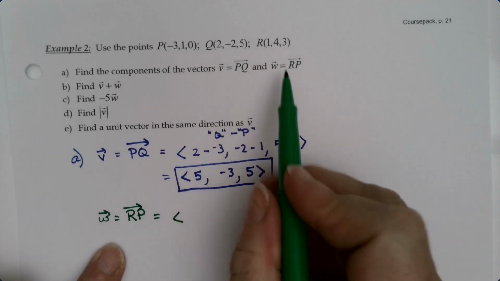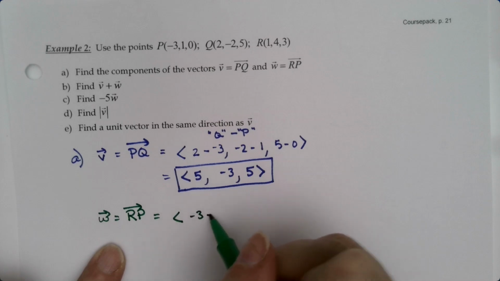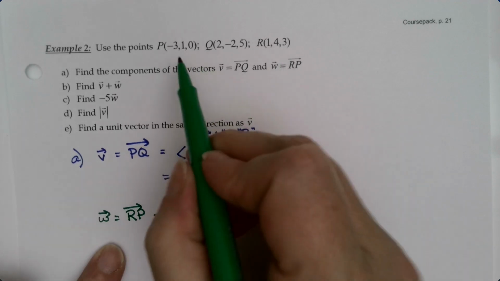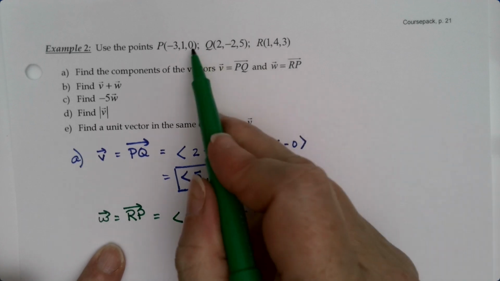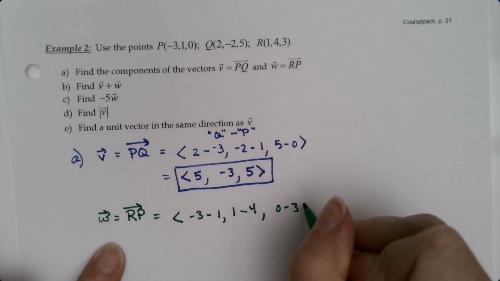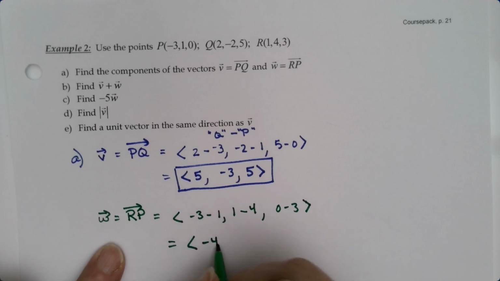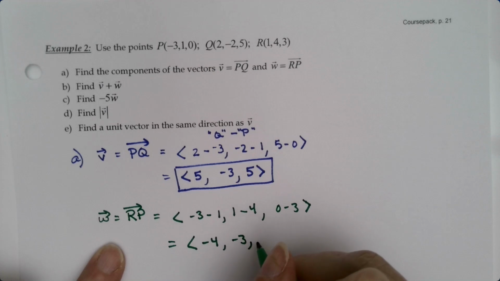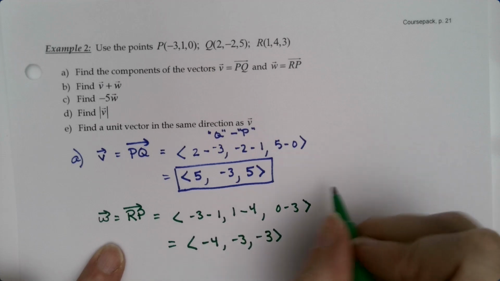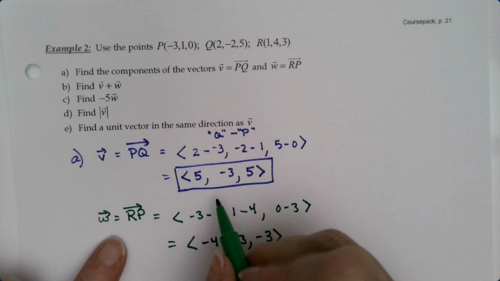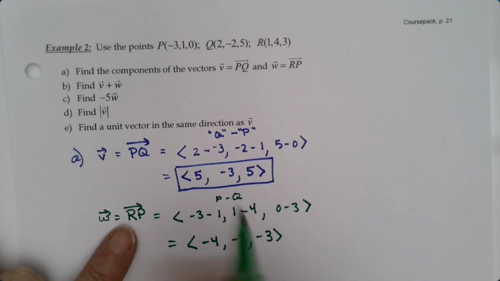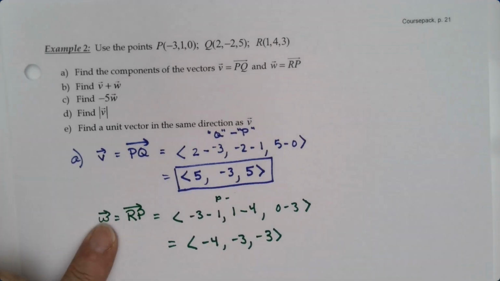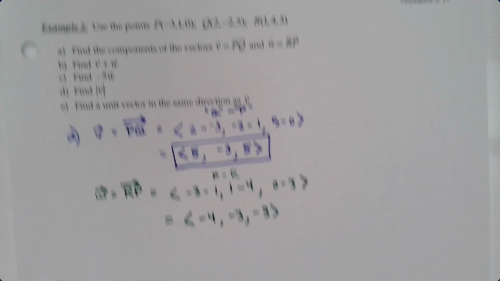So we're going to take -3 take away 1, 1 take away 4, and 0 take away 3, which is -4, -3, -3. We were taking terminal, which is P, take away initial, which is R, not Q. That's what we're doing.